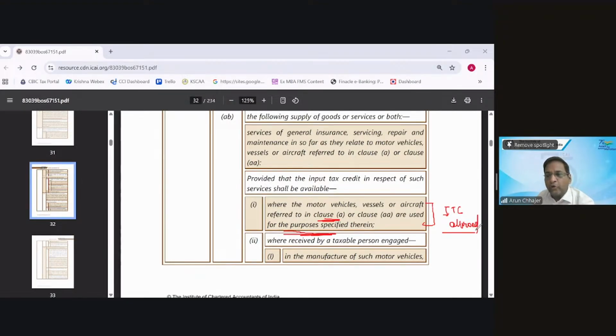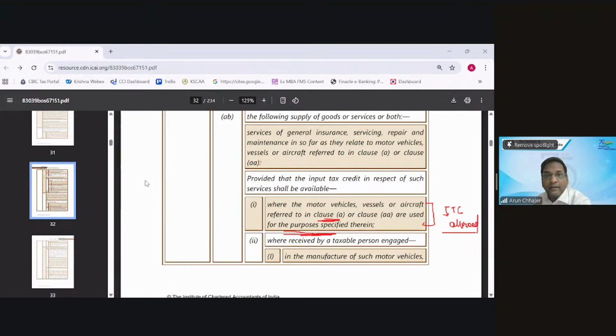Last question to you. If I purchase a truck for the transportation of my own goods and I am not making any taxable supplies, and I am incurring expenditure for repair and maintenance, is it covered in clause A or not covered in clause A?